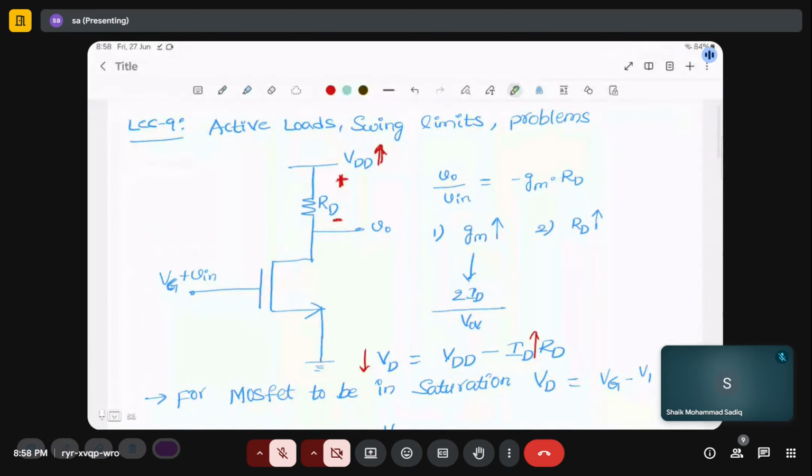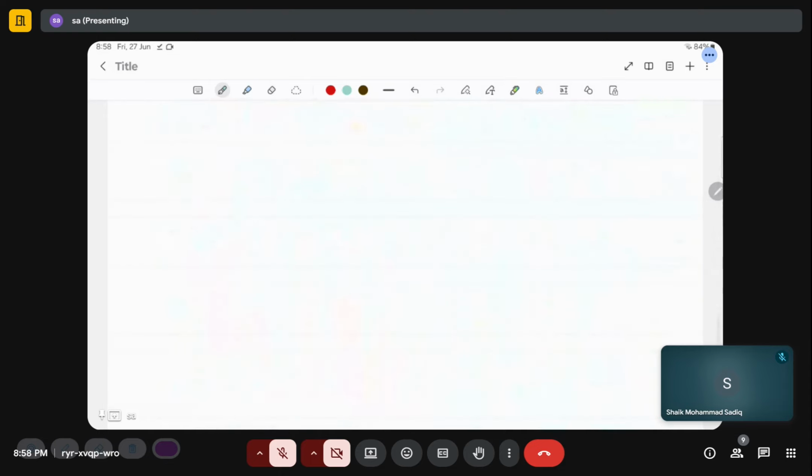See, for higher gain, the resistance looking up from this point, R up, should be high, and the drop across it should be low. So what should I do?